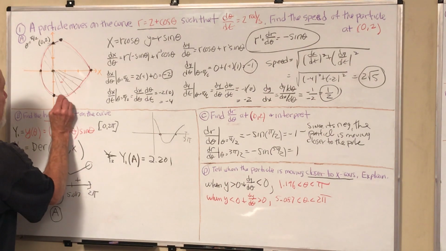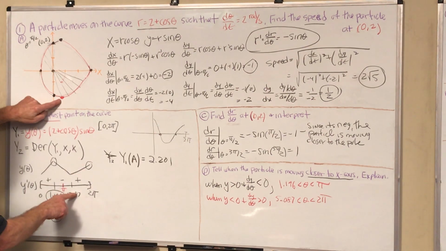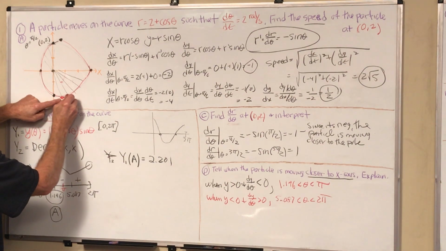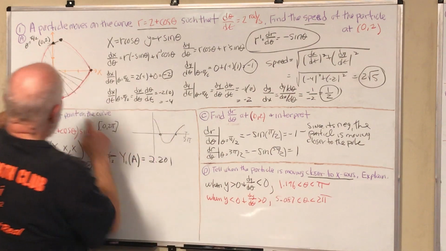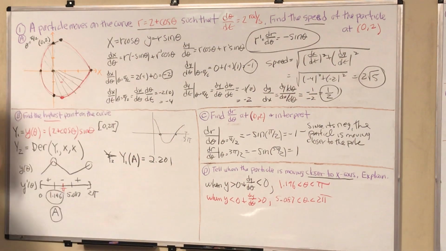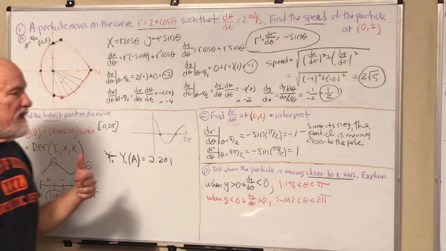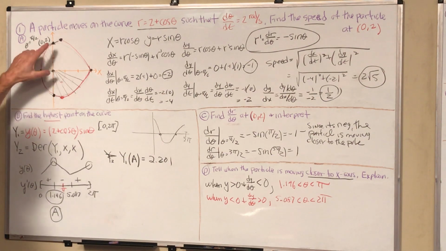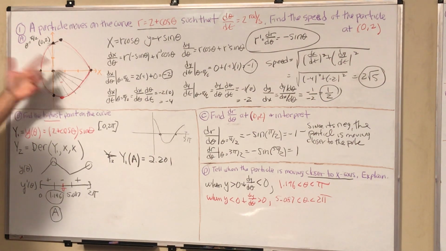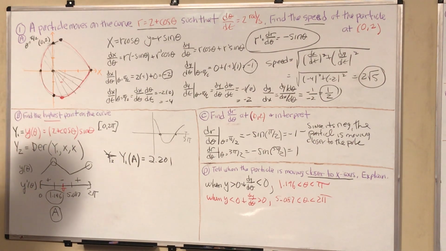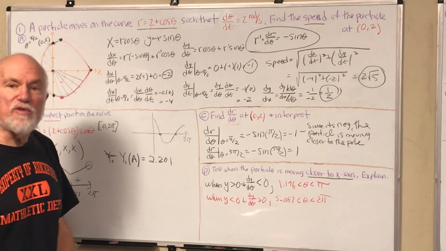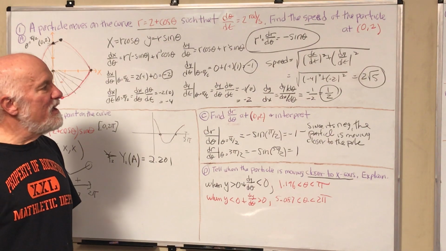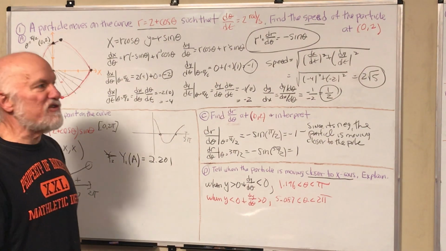From right here, where we had the absolute minimum value of y, in that last interval up to 2 pi, you can see it's getting closer to the x-axis. And yes, you can see it just from the graph, but even if we didn't have a picture, if it was a more complicated thing, this logic would take us to the right intervals. Okay, so that's a pretty comprehensive problem.